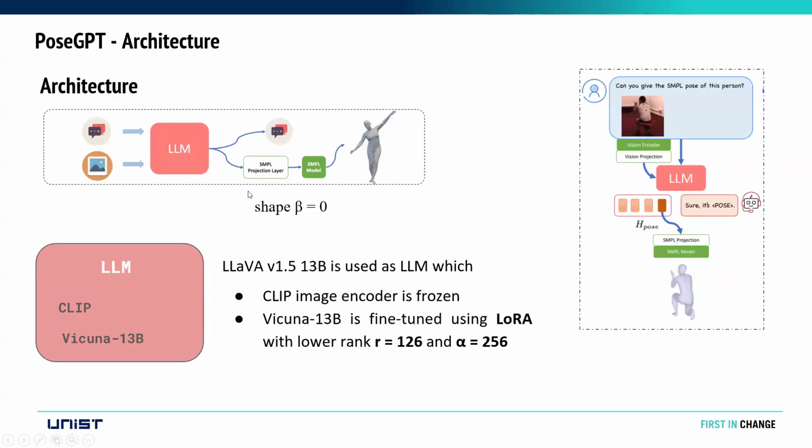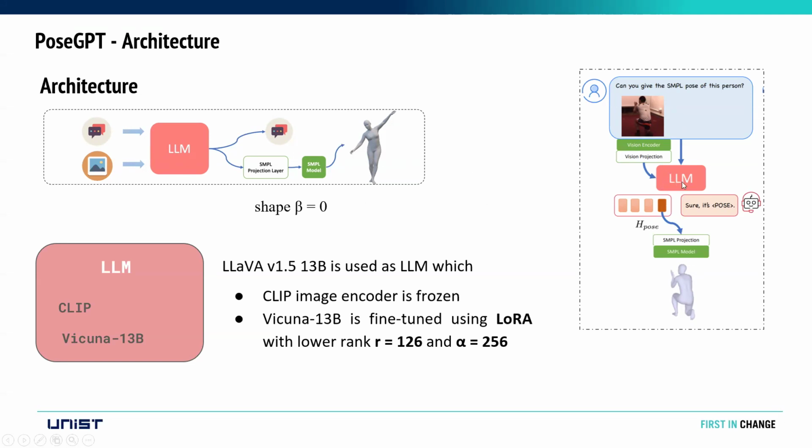So this is the architecture of PoseGPT. It uses a large language model to estimate the 3D pose. PoseGPT accepts both image and text as input. If the image is sent to PoseGPT, a frozen vision encoder extracts the visual input and then sends it to a large language model.